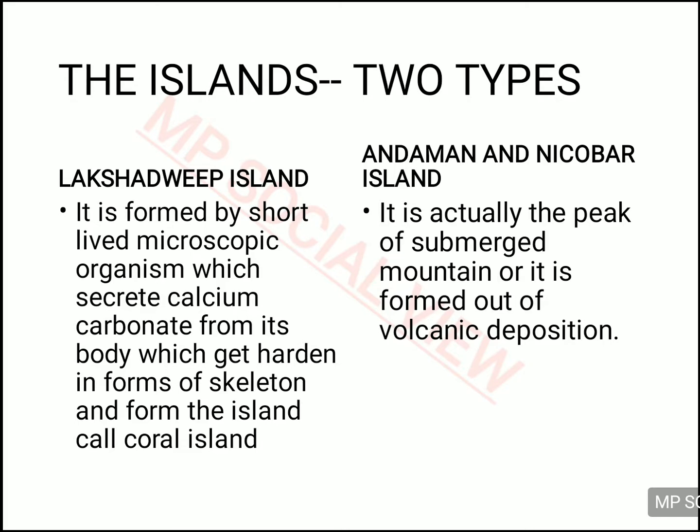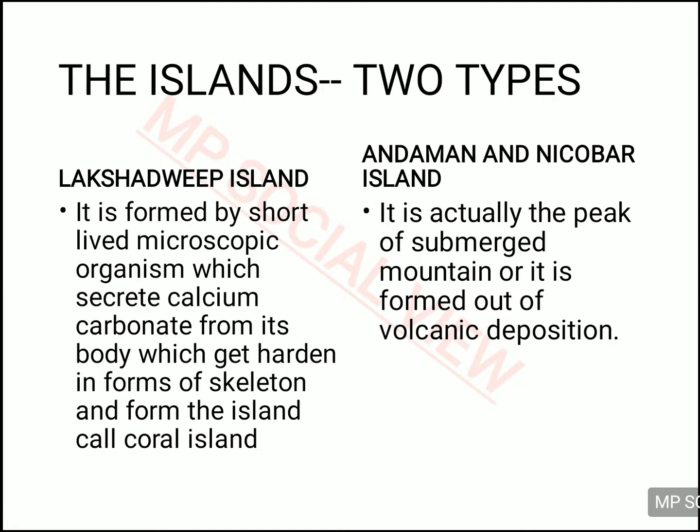When a volcanic eruption happens inside the ocean, the deposit coming out of the eruption goes on depositing layer by layer, one above the other, and sometimes this deposit increases to such a height that it appears on top of the ocean like land. On that land people go and settle down, because the volcanic eruption has stopped now.